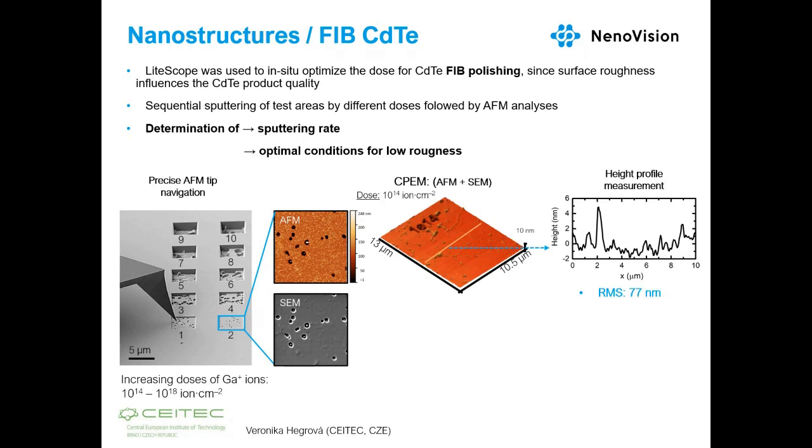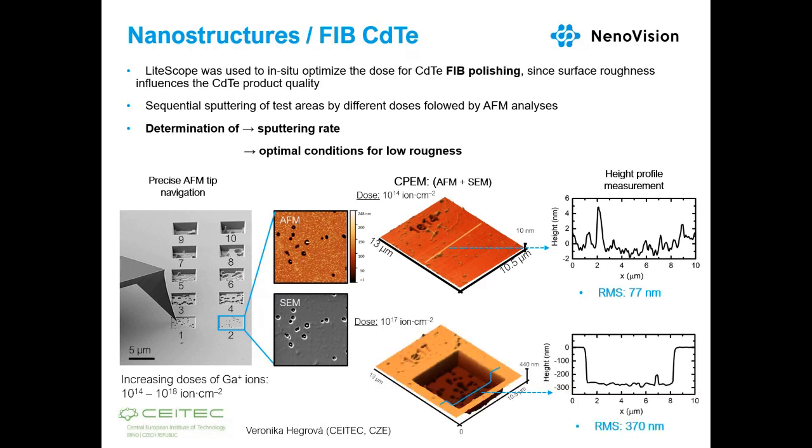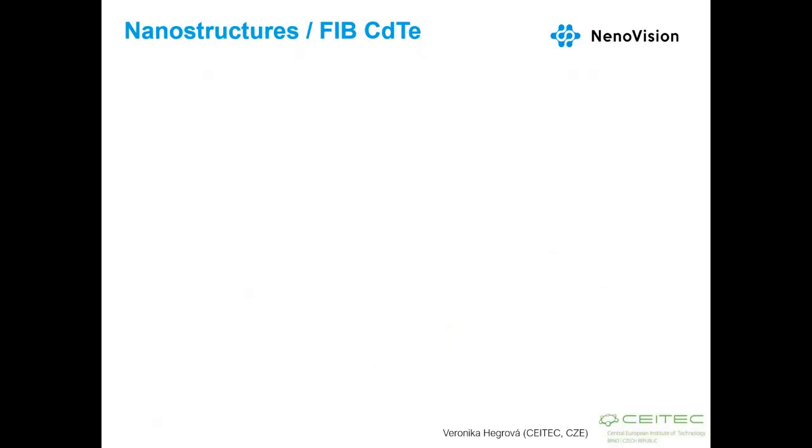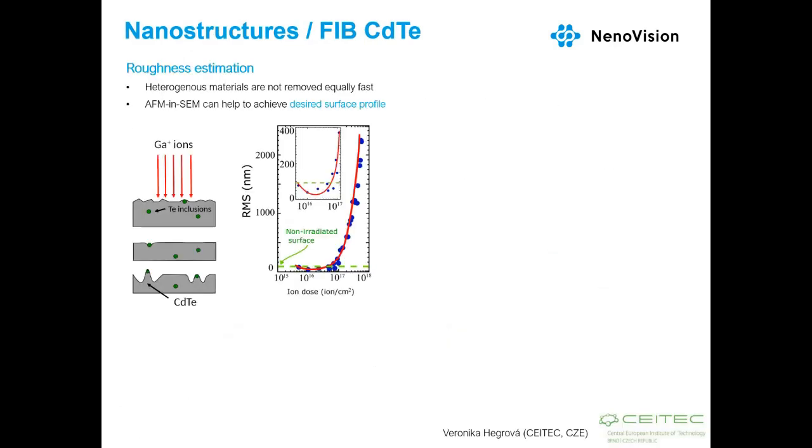So actually for AFM, it's quite simple. Analyzing each square, I can immediately determine the height or the depth after the FIB milling, and I can immediately calculate the surface roughness. So the result of the analysis is that I can prepare the plot of how surface roughness depends on the applied ion dose. And you can see it's quite a dramatic function.